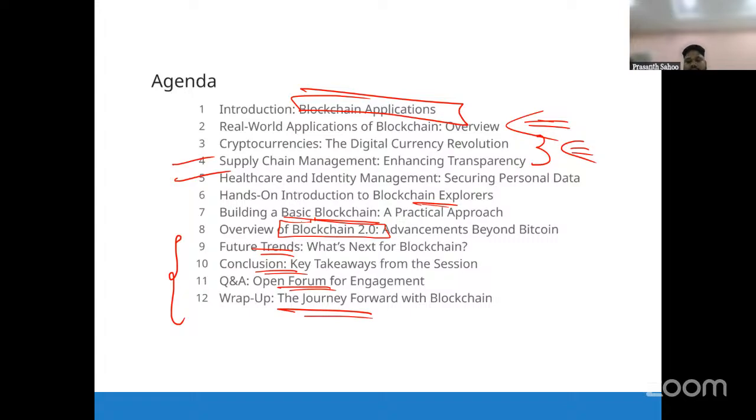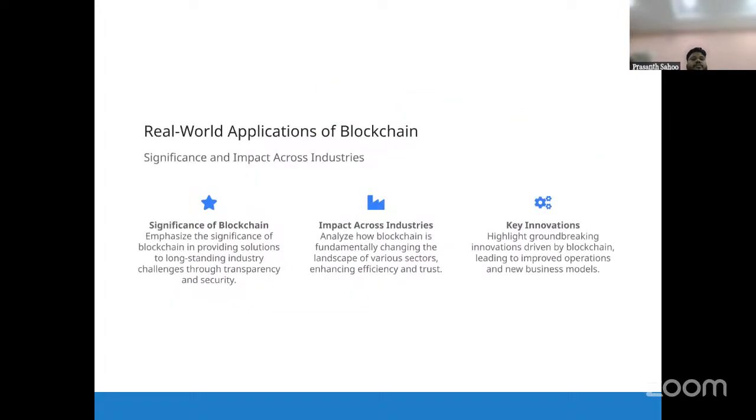Let's go ahead and get started with the first one, which is about the real world applications of blockchain technology, where you can use it and where the significance of the technology is present.